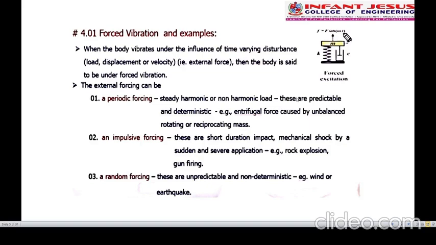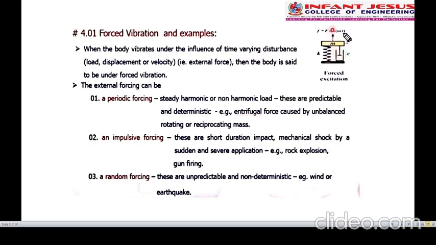Here you can see the system, a spring, mass, damper system, all three together. In free vibration, what we did was give one force and then remove the force.